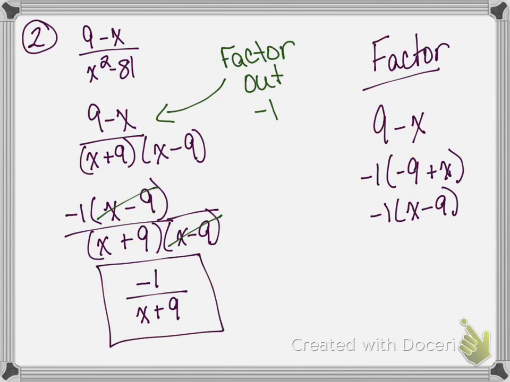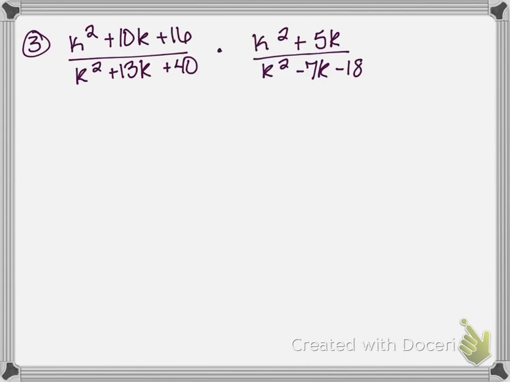Okay, number 3. So number 3, the directions say multiply or divide, then we are going to simplify. So I've got to multiply or divide and then simplify. Again, the first thing that we're going to do here is factor. So in my numerator here, I've got a sum of 10 and a product of 16.